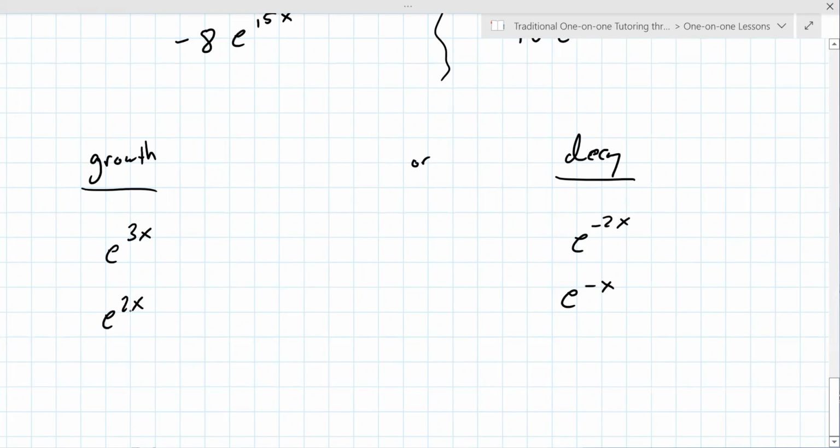So could you verbalize a rule for why the ones on the left are growth and the ones on the right are decay? The number should be bigger than or greater than 1 for growth. Yeah, that's actually the correct rule, because if I give you e to the 1/2 x, do you have any idea what this looks like?